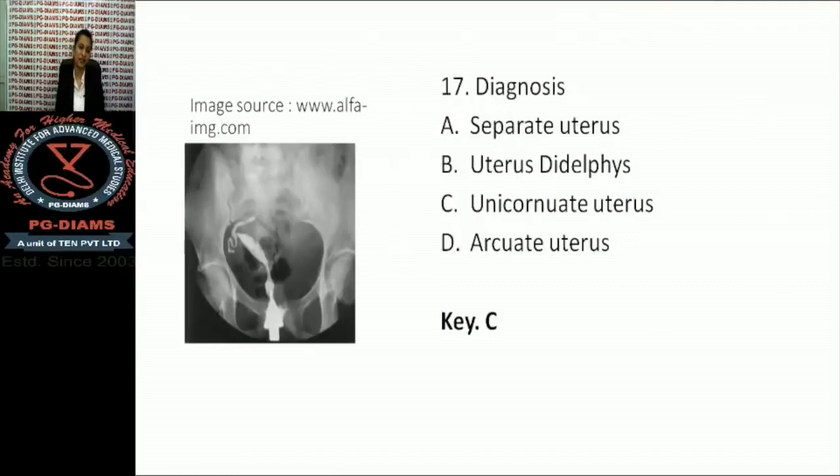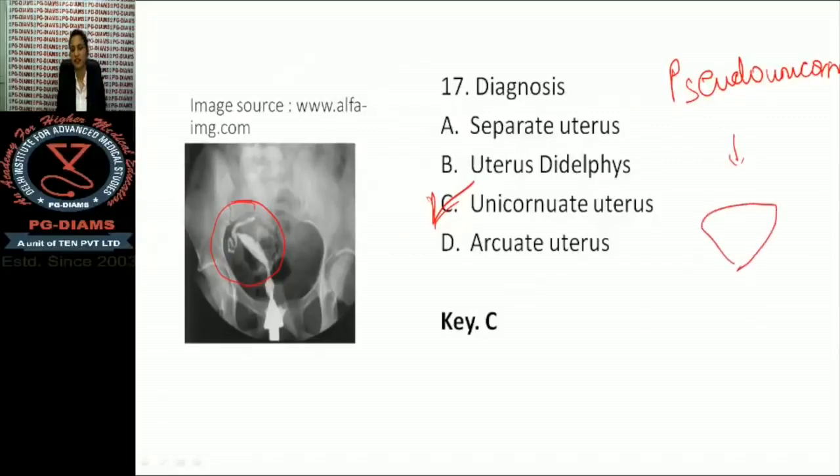Now there was a diagram similar to this one, a unicornuate uterus. This is a straightforward question. The answer is unicornuate uterus only if the option was not pseudo-unicornuate uterus. Pseudo-unicornuate uterus is a condition in which there are uterine adhesions, so that one half of the uterus is completely obliterated, and on HSG you see only one half of the uterus.